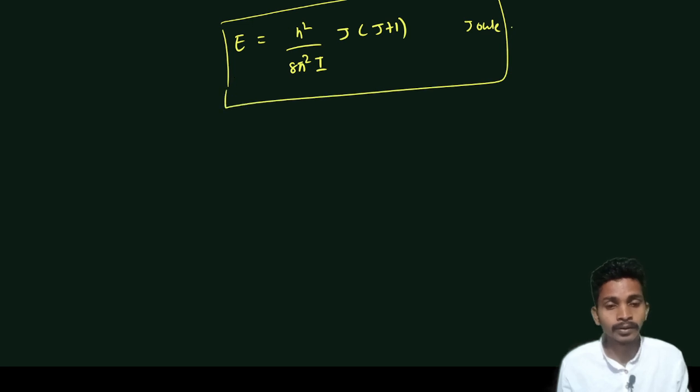In spectroscopy, the data are mostly given in centimeter inverse, not in joule. So you have to convert this joule into centimeter inverse.